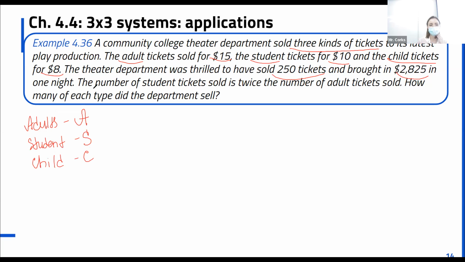And also pay attention that we have one more clarification here, that the number of student tickets sold is twice the number of adult tickets. So there were 2 times more students than adults.